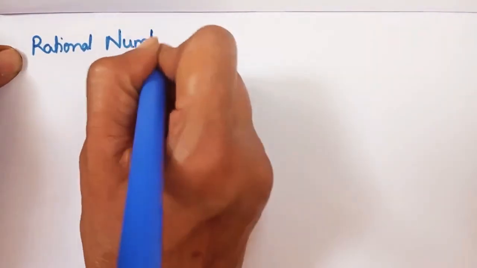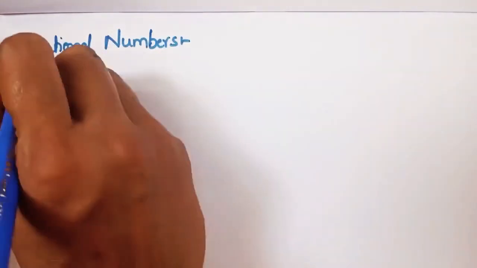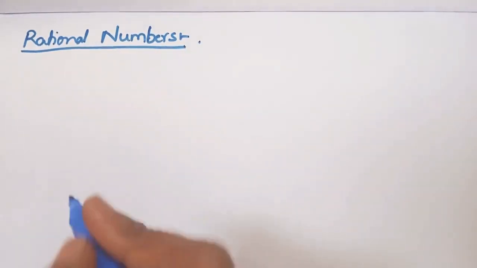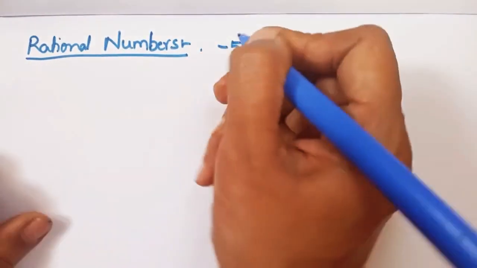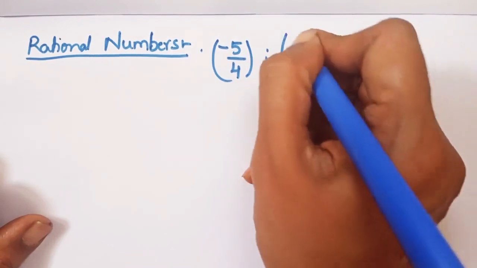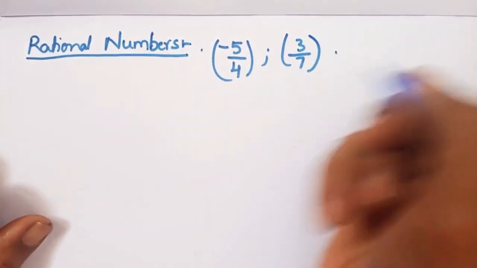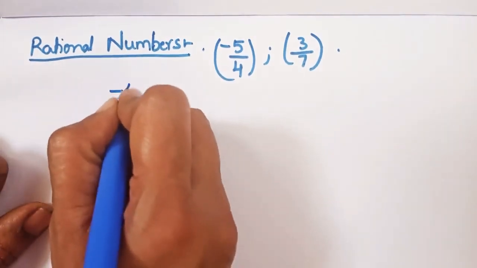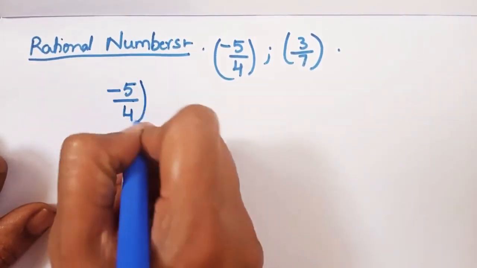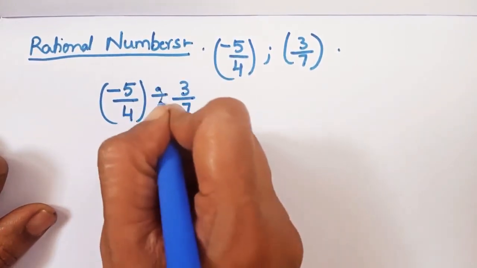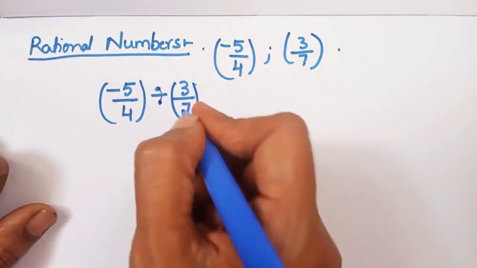Rational numbers. Let me take two rational numbers, -5 by 4 and 3 by 7. Okay. Now my A divided by B will be -5 by 4 divided by 3 by 7.